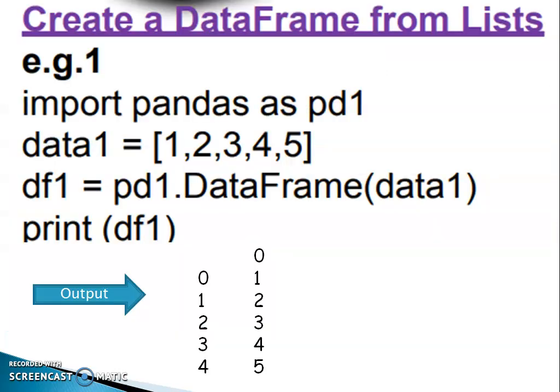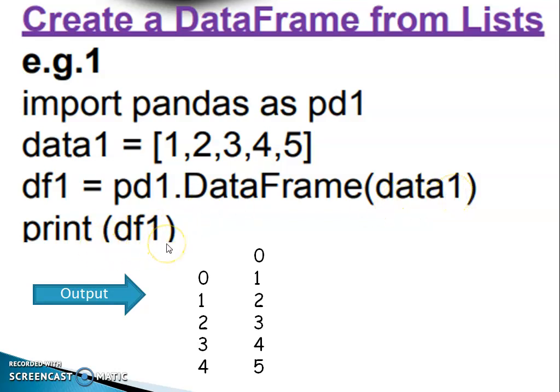Then the next one is creating a data frame from a list. You know about this list. Import pandas as pd. data1 is equal to the values specified within square brackets. This one is a list. df1 is equal to pd.DataFrame, then I pass this data1 list.